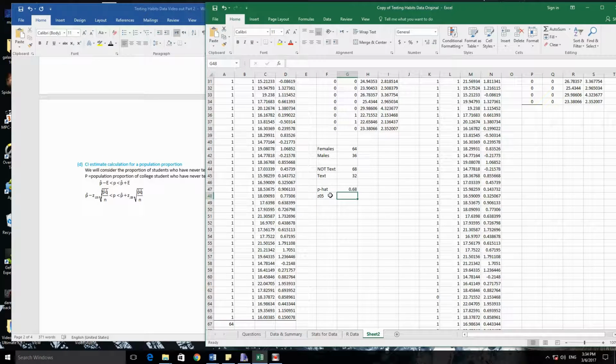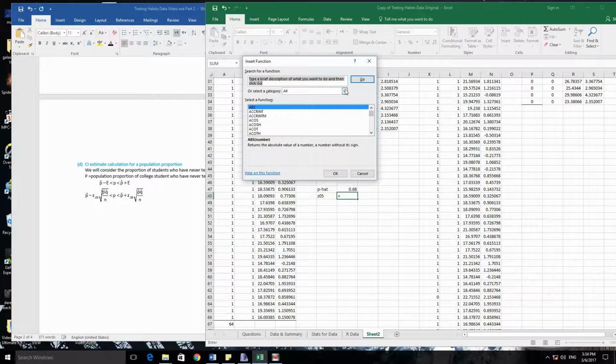So what's Z05? To find that, I'm going to do equal to, go to f of x, and search the statistical functions, because there must be a boatload of normal distribution functions here. I must want norm inverse, which returns the inverse of the normal CDF for a specified mean and standard deviation.